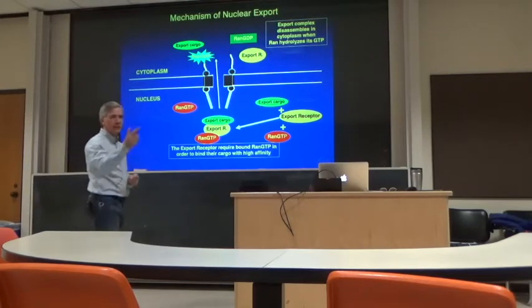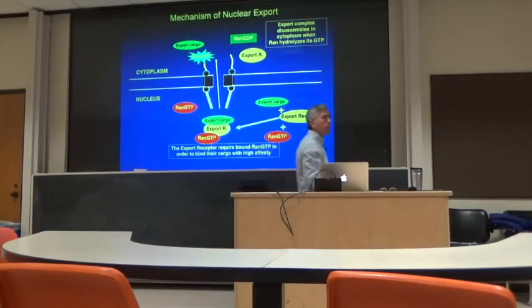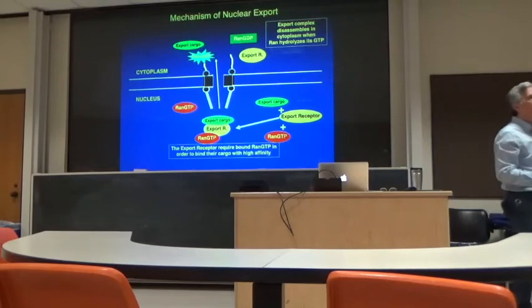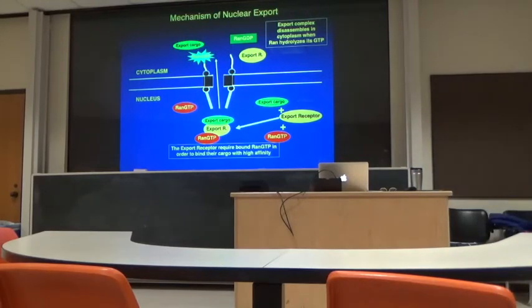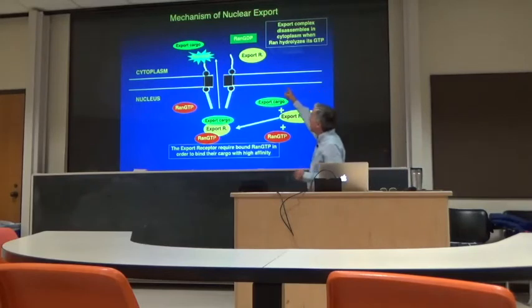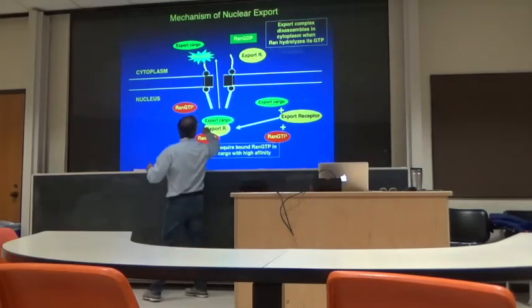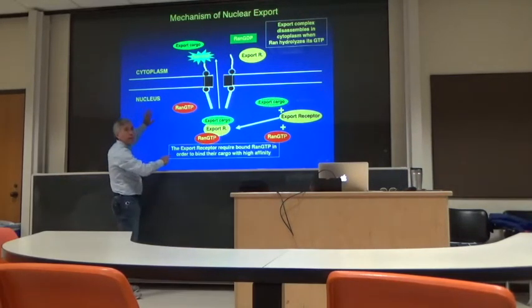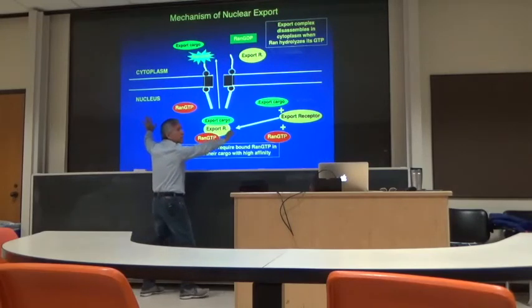All right? Yes? So if there's RAN GDP in the nucleus, does it affect anything, if it doesn't get activated by GEF immediately? So, okay, great. So let's consider this RAN GDP that got in by diffusion, and say RAN GEF is over here, but it diffused on this side.